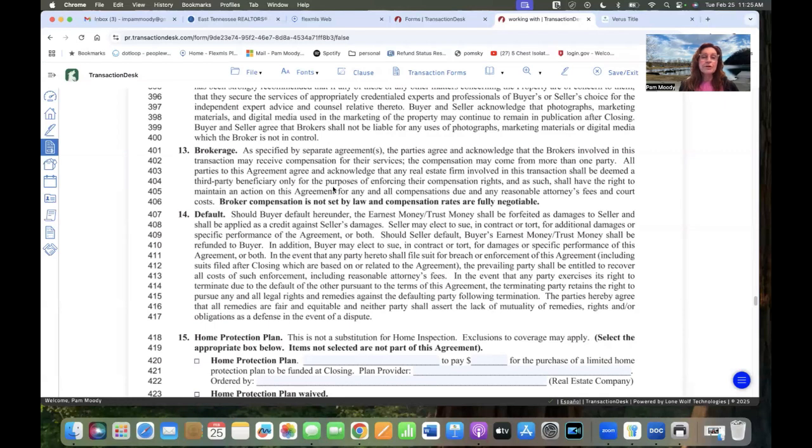All parties to this agreement agree and acknowledge that any real estate firm involved in this transaction shall be deemed a third-party beneficiary only for the purposes of enforcing their compensation rights, and as such shall have the right to maintain an action on this agreement for any and all compensation due and any reasonable attorney fees, court costs. Broker compensation is not set by law, and compensation rates are fully negotiable.